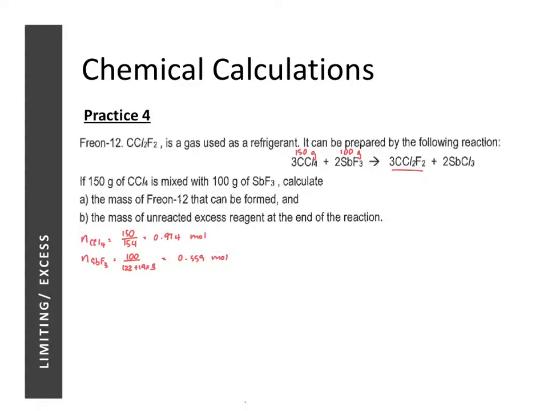Next, step number 2, we have to pick one of the reactants, any one of them. I'm going to pick my antimony trifluoride. I know that the number of moles of antimony trifluoride is 0.559, and based on that, the number of moles of CCl4 needed to react with this is equal to 0.559 multiplied by 3/2.